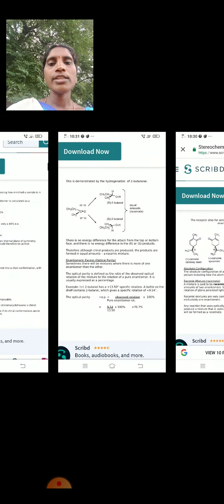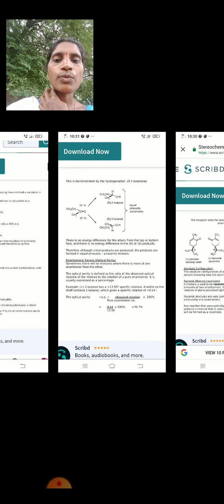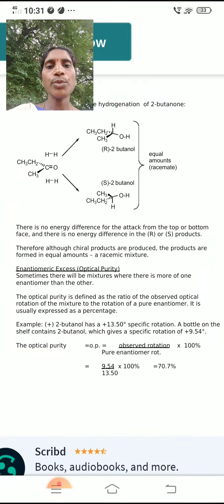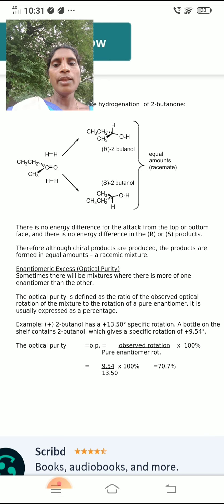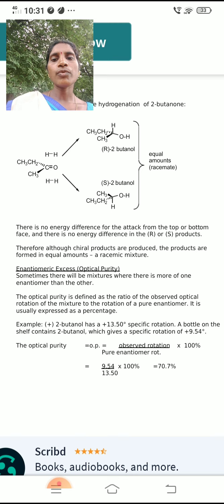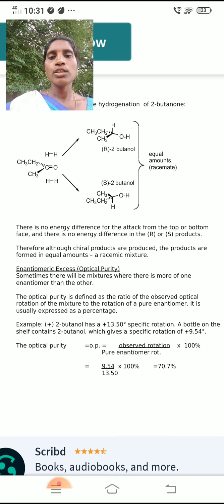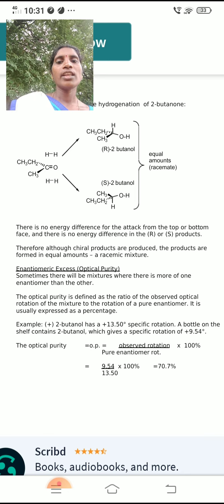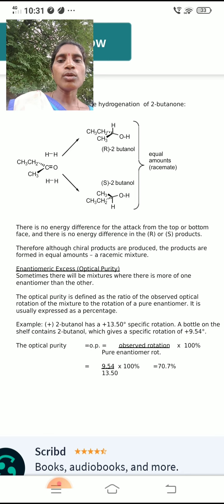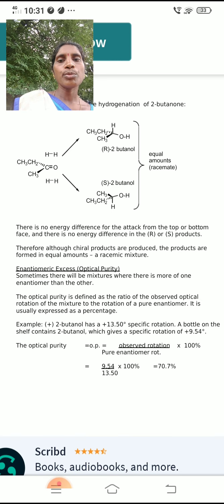For example, hydrogenation of the 2-butanol molecule produces two enantiomers: R-2-butanol and the other enantiomer, S-2-butanol.